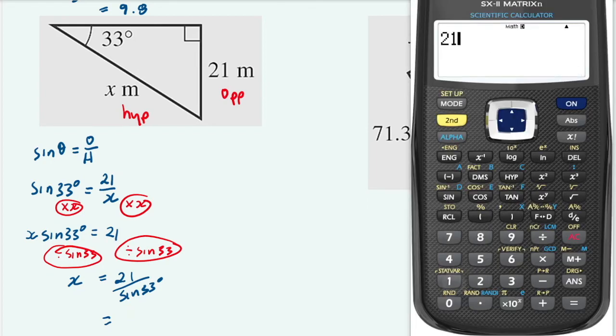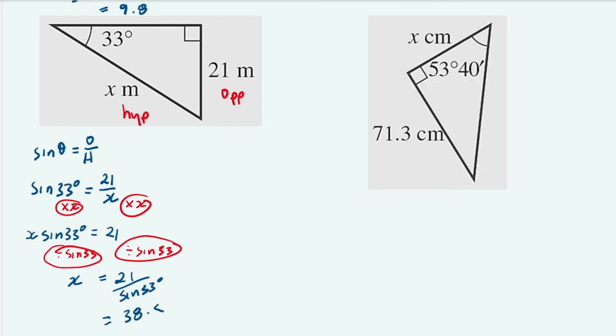So we want to go 21 over sine 33 equals, and there we have 38.557.